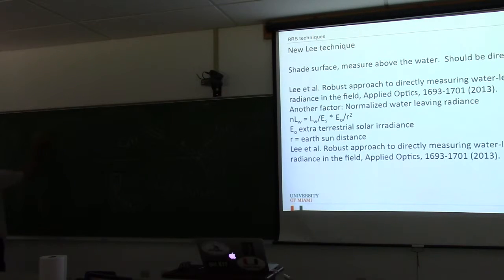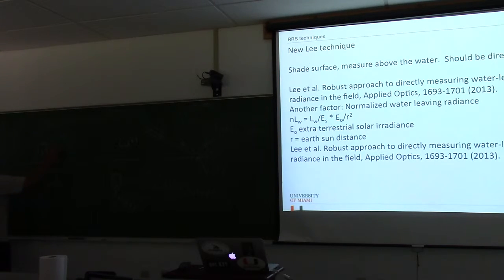This technique that Zhongping Lee is pushing is basically you have a radiometer above the surface so that you're measuring the light coming up. So you don't have to do this transmission through the air-sea interface. And to get rid of the glitter, he puts in some sort of a shield so there's no sky component onto that. So the upwelling light comes up to the surface, goes through the surface, and his detector is all up here in the air.